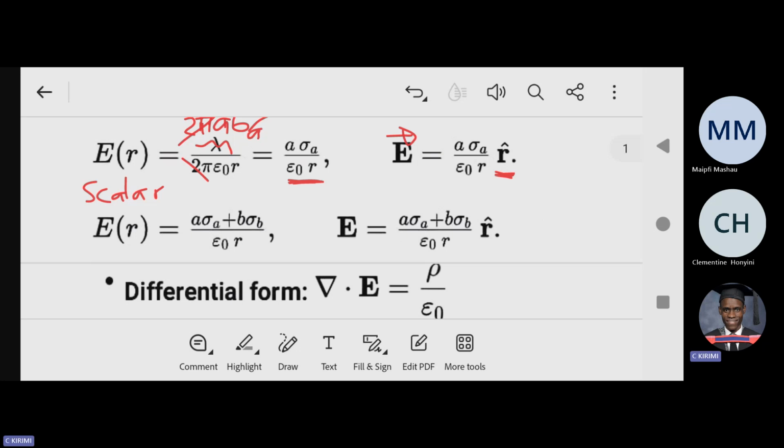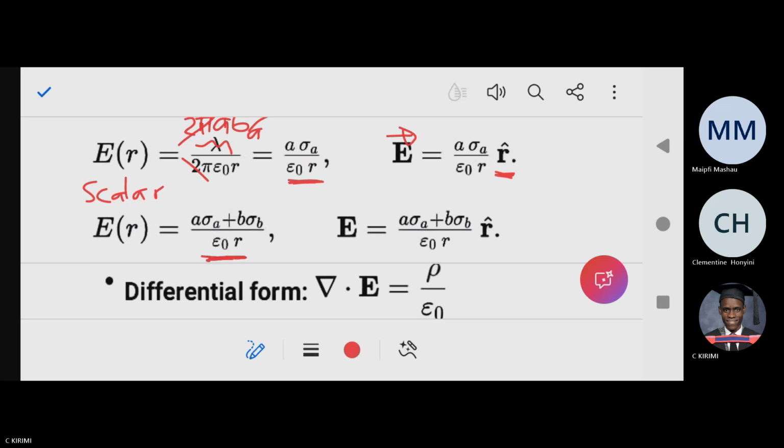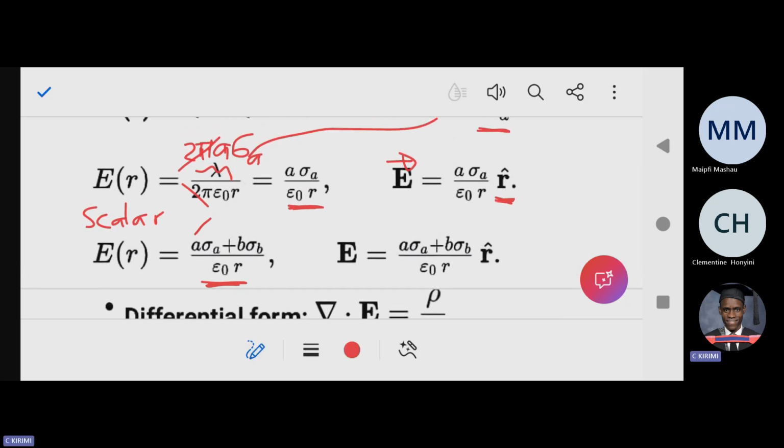So everything is there. We are having E naught R, we still have sigma A, we have it already. So what is the R that we have replaced for that point? It's A, which means A multiplied by the charge density of A, which is inside.